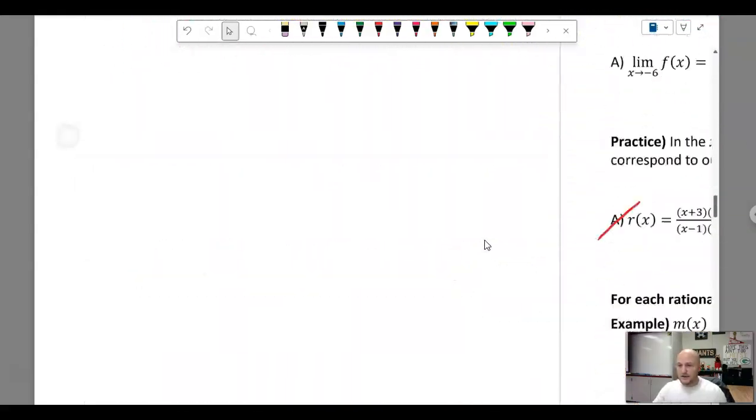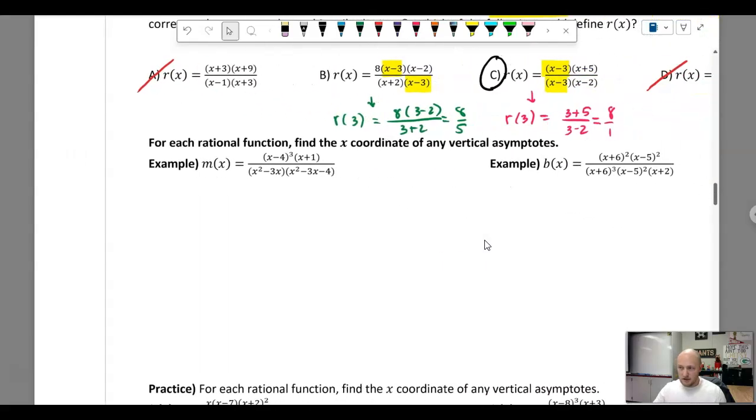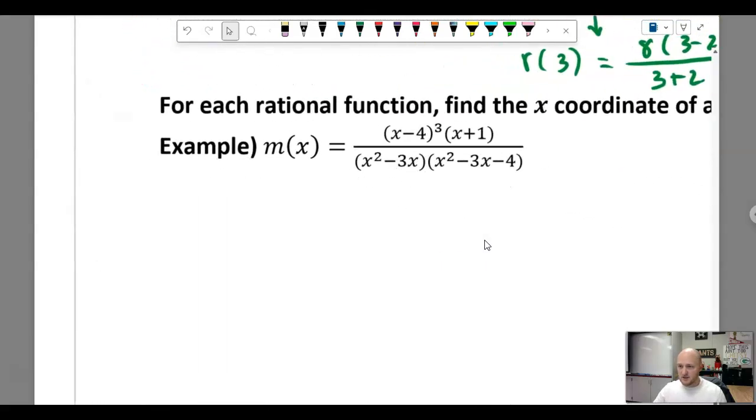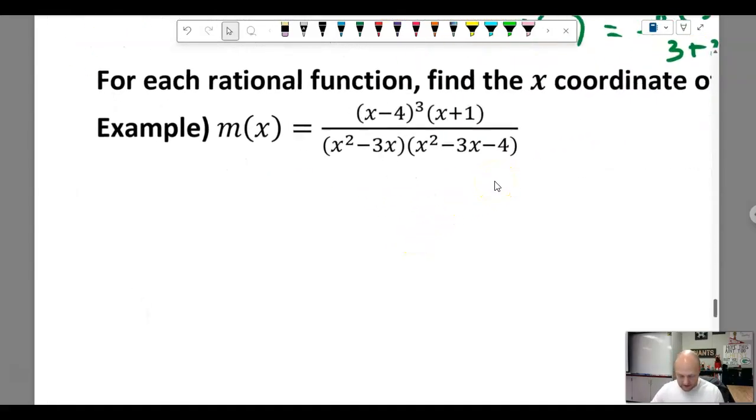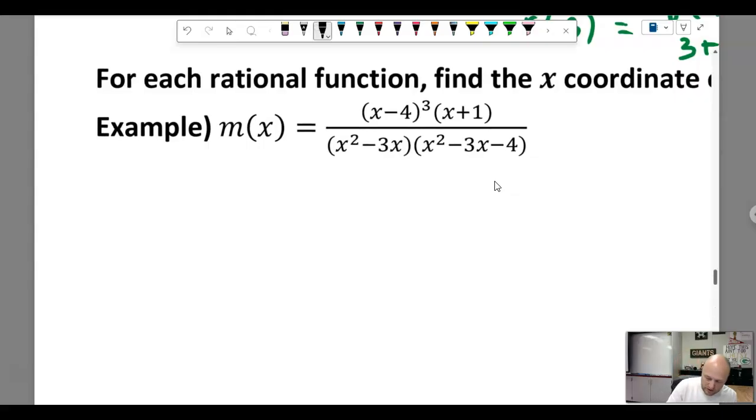Now let's see what this looks like. Here is a rational function m, and we just want to find the x-coordinate of any vertical asymptotes. The first step you're going to do with vertical asymptotes is factor and reduce. This whole idea of factoring in this unit is huge. So let's factor this.